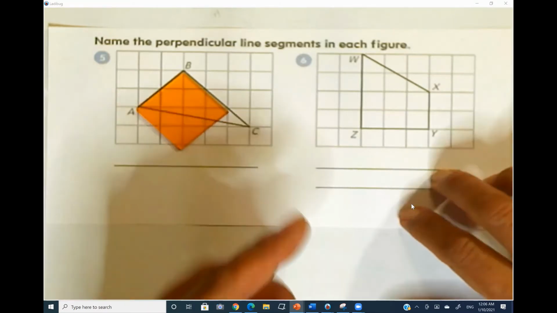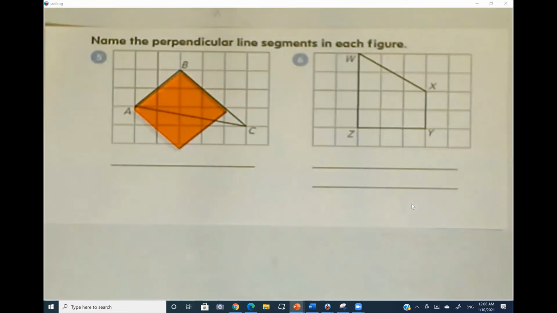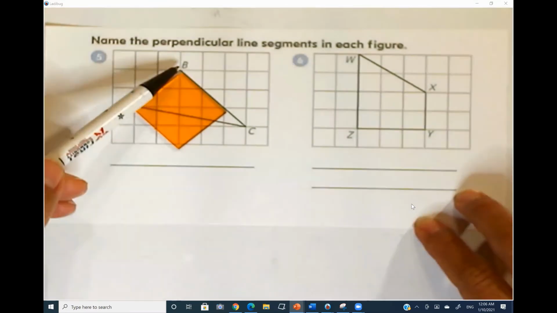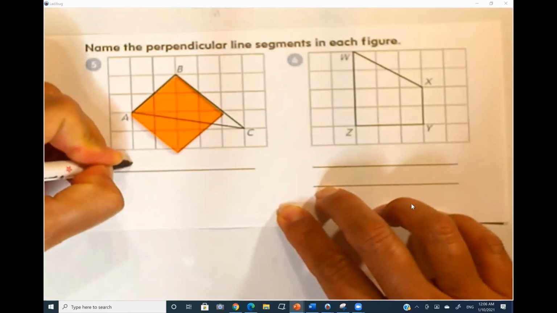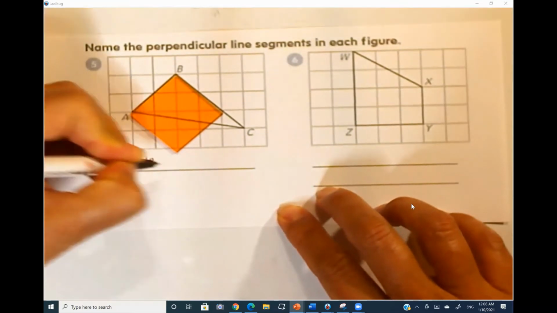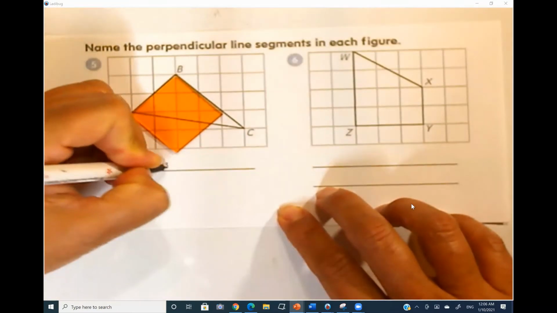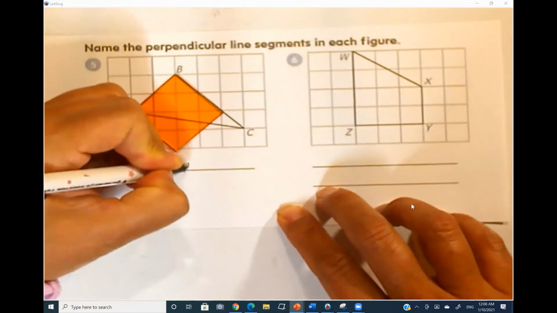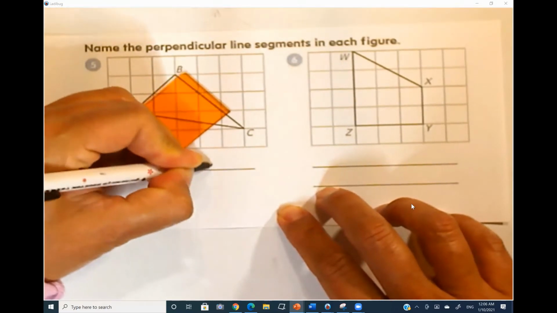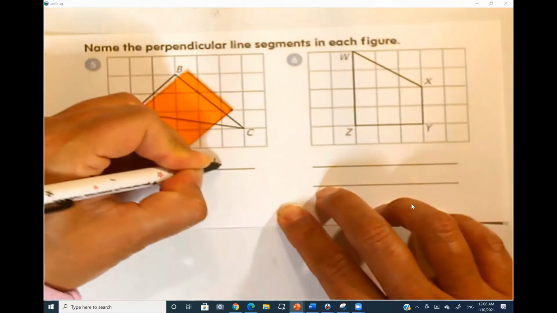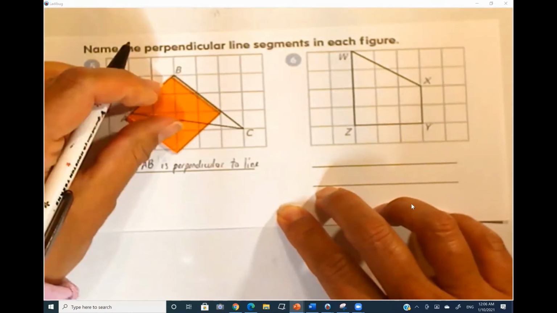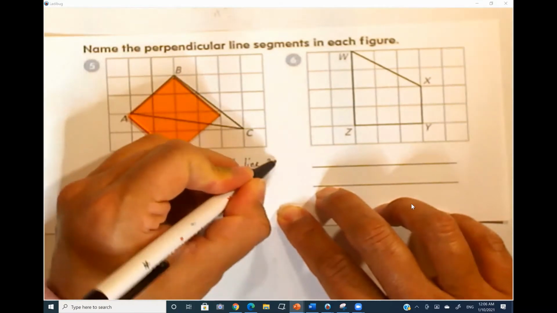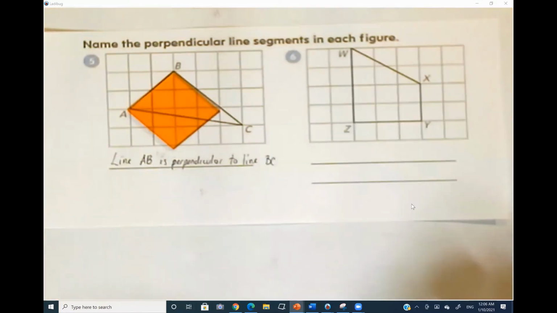Now I'm going to write a sentence about that: line AB is perpendicular to line, in this case, BC. So I just wrote a sentence explaining these two lines.